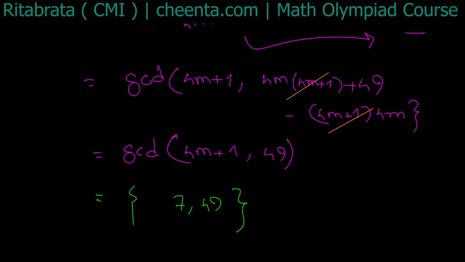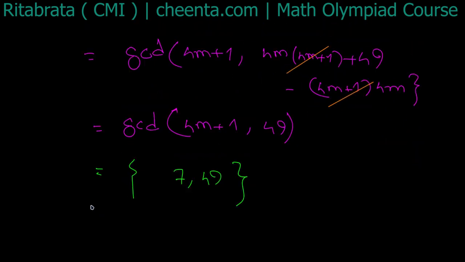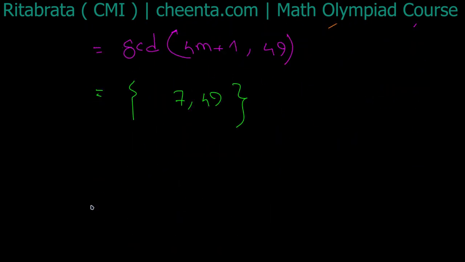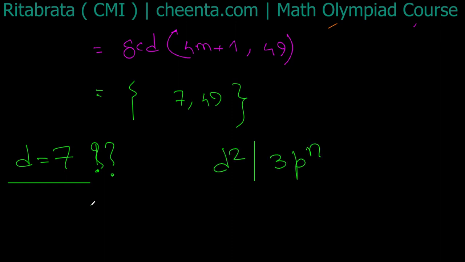So now let's make the cases. So D can be either 7 or 49. Let's assume D equal to 7 and let's see in this case what happens. Now what does D equal to 7 signify? We know that d square divides 3 times p to the power n.